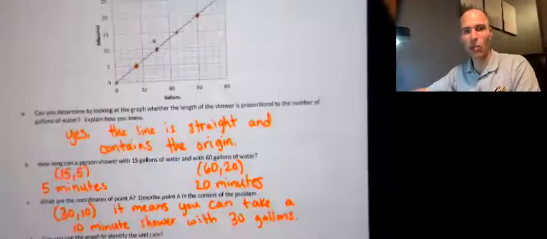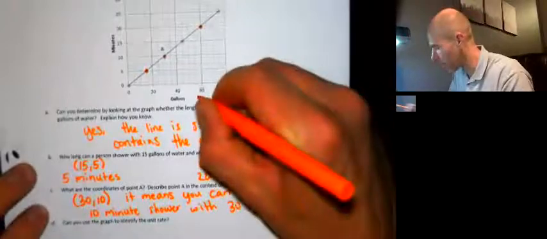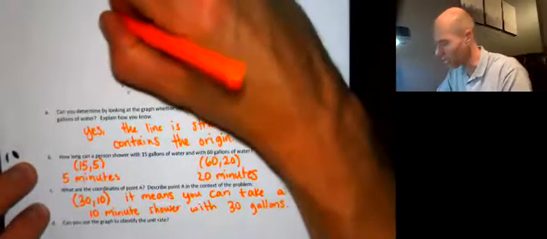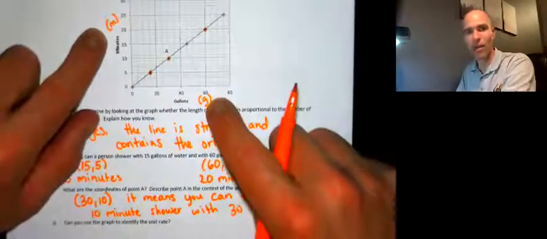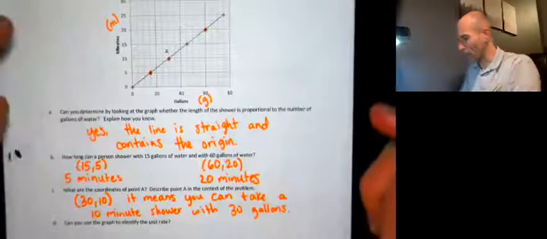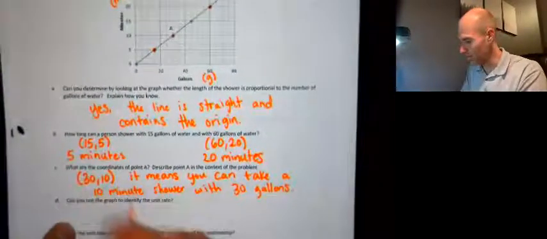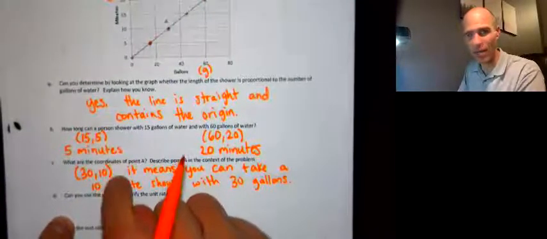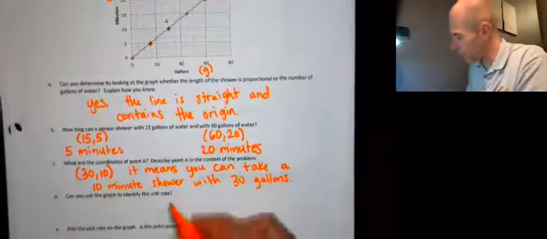We're going to have to do it the old-fashioned way by taking a y value and dividing by an x value. Or I guess we might say, if we call this G for gallons and M for minutes, then we want to do an M value divided by a G value. We might as well take these right here because these are easy, right? They're both multiples of 10. I've got a y value, aka an M value, 10, and an x value, aka a G value, 30.